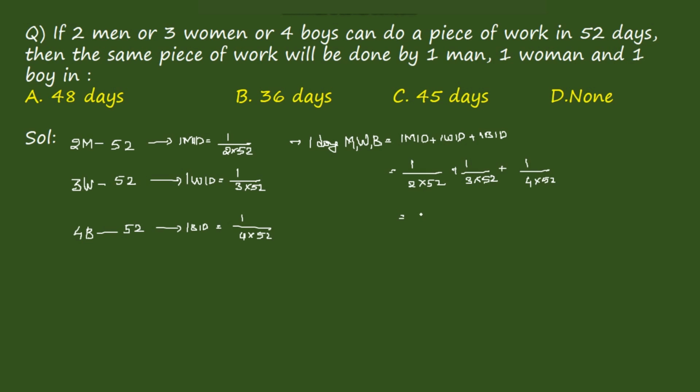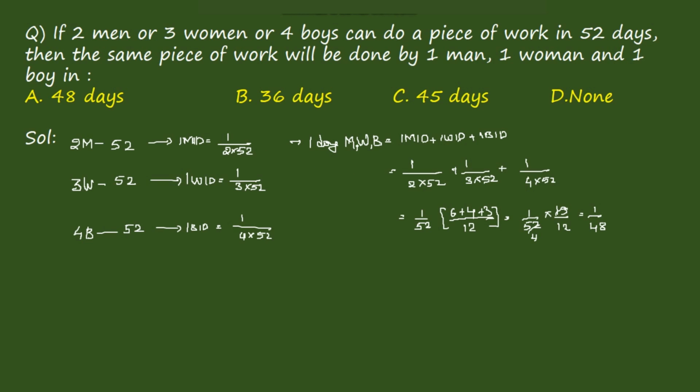52 can be taken common, 1 by 52. If you take the LCM, it becomes 12. It becomes 6 plus 4 plus 3, which is equal to 1 by 52 into 13 by 12. 13s and 52 cancel, which is equal to 1 by 48.